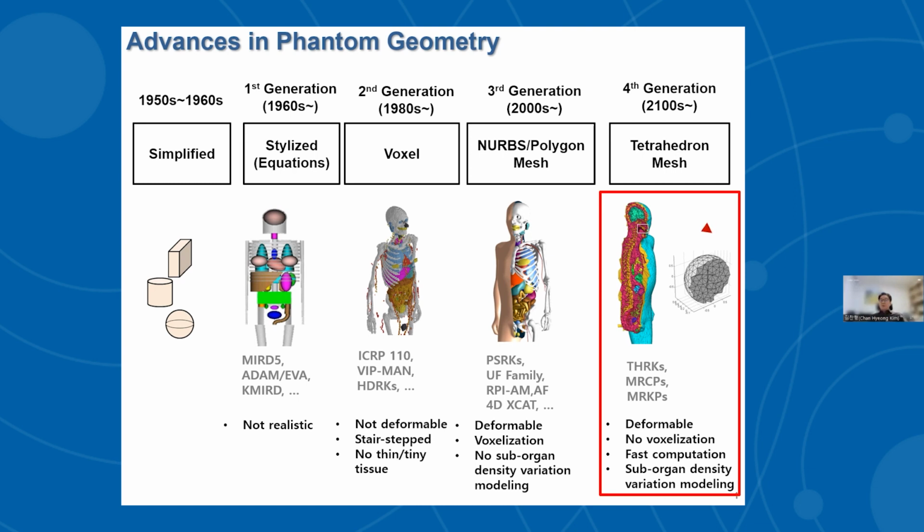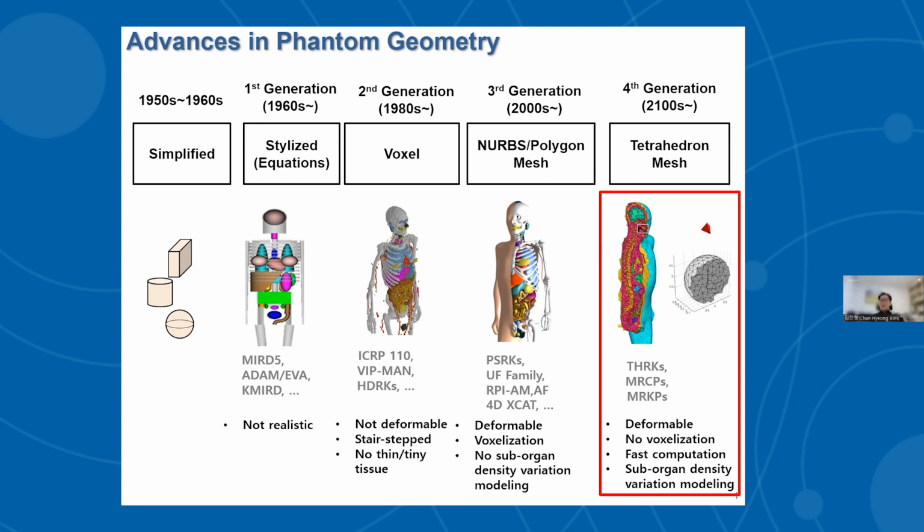So for the new ICRP reference phantoms, we decided to use a different geometry type. That is a tetrahedral mesh geometry. Basically, we are filling the NURBS polygon mesh model with many tetrahedrons using a process called tetrahedralization, which is very similar to the process of voxelization.